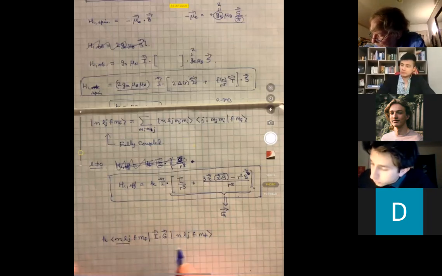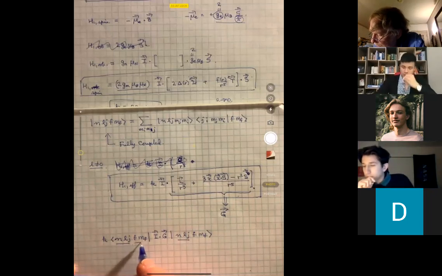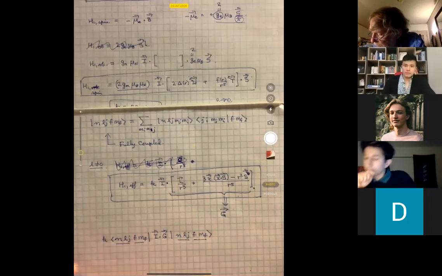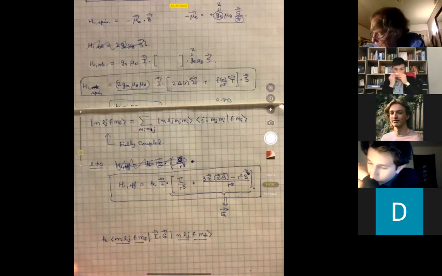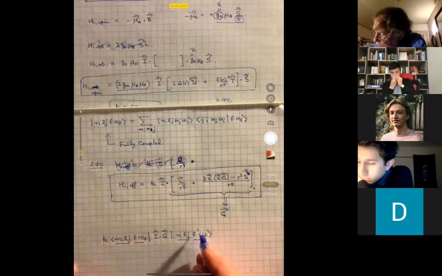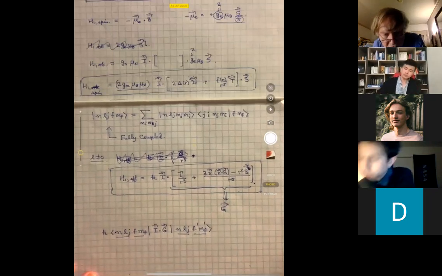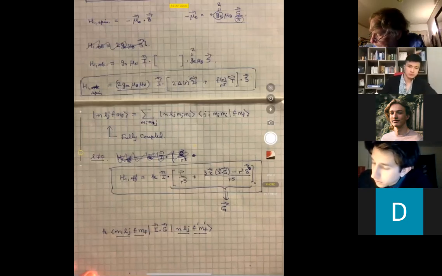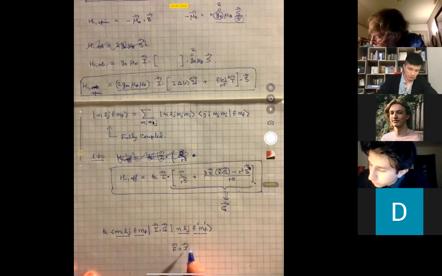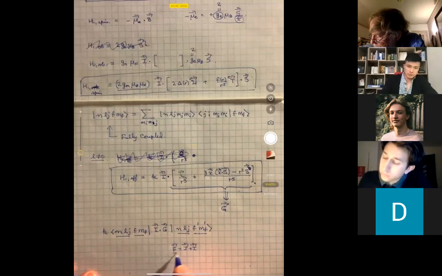Now the N L J identifies the unperturbed eigenspace, and the F and M_F identify the basis vectors inside that degenerate eigenspace. So in principle, we ought to put primes on the F and M_F on one side of this matrix element to create the matrix that we need to diagonalize for first order degenerate perturbation theory. However, F being the total angular momentum of the system, which is J plus I, generates rotations in both orbital and spin degrees of freedom.